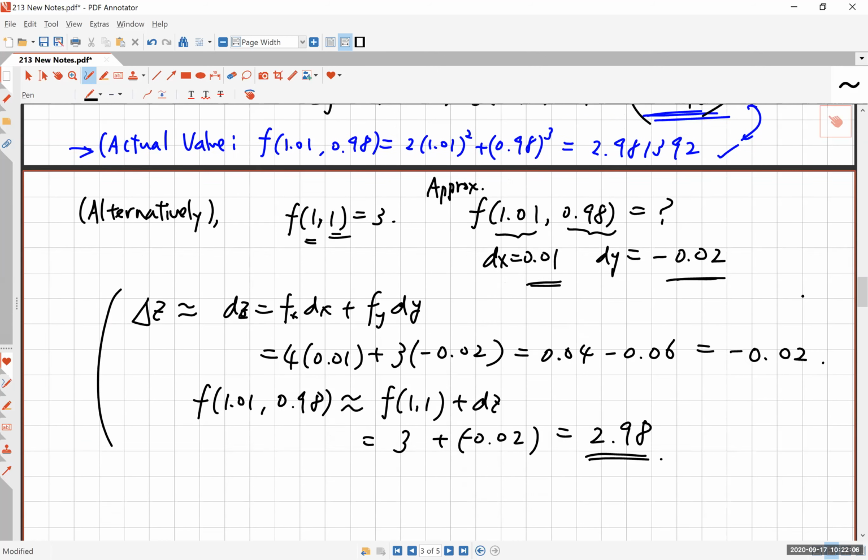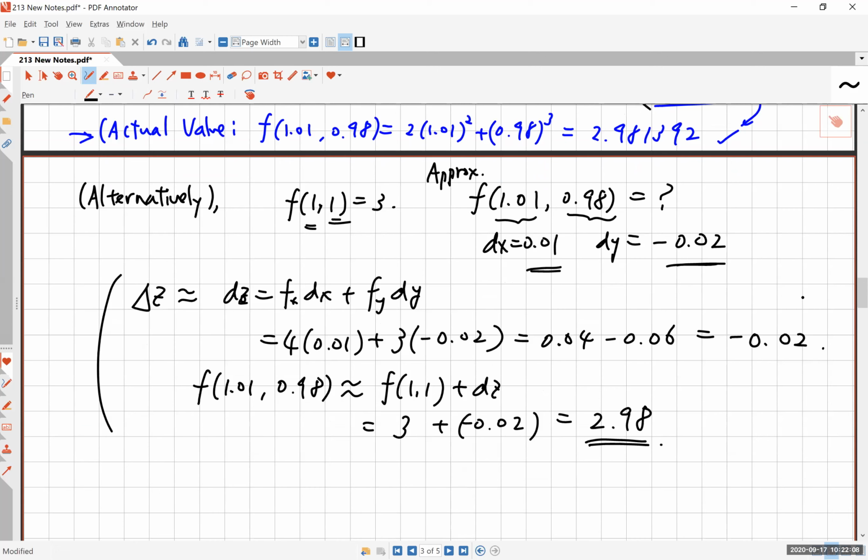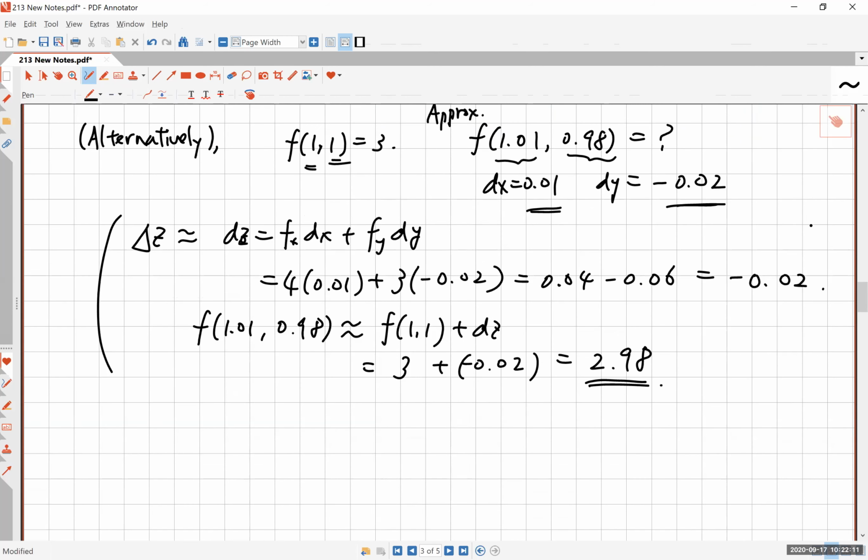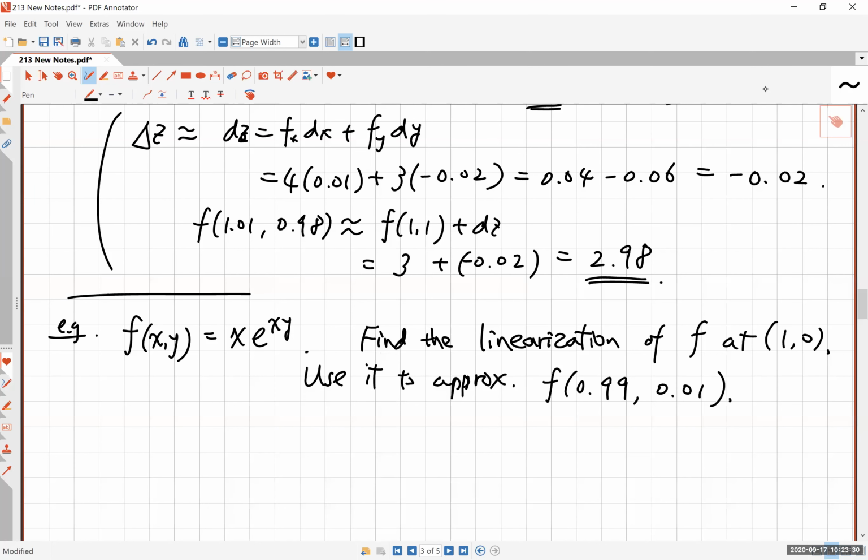Okay, so let's do another problem, and then I will let you figure this next one out. Maybe you can do this on your own. So here's a practice problem. f of (x, y) is x times e to the xy.